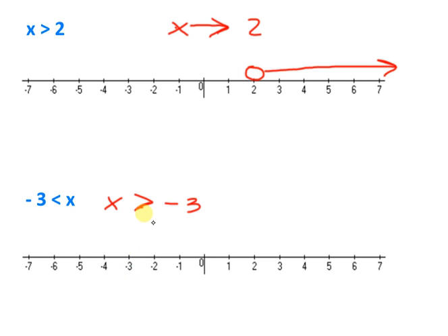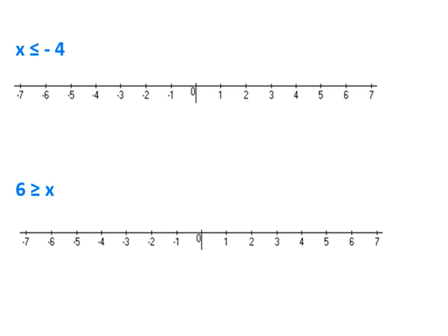It does not have a bar under it, so it's going to be an open circle. Now, which way is my arrow going to go? To the left or to the right? Well, I'm going to draw an arrow. It's going to go this way. And I'm done.